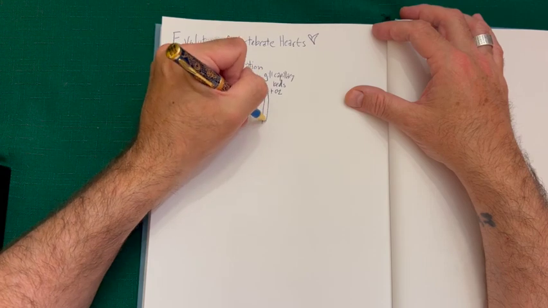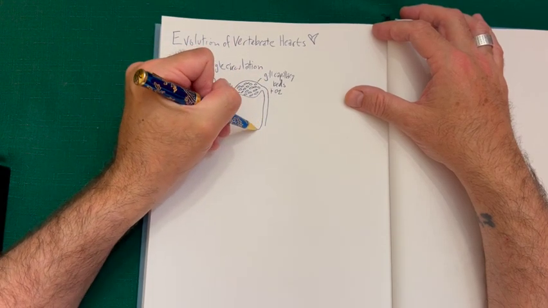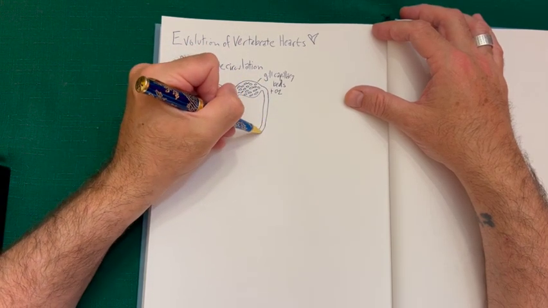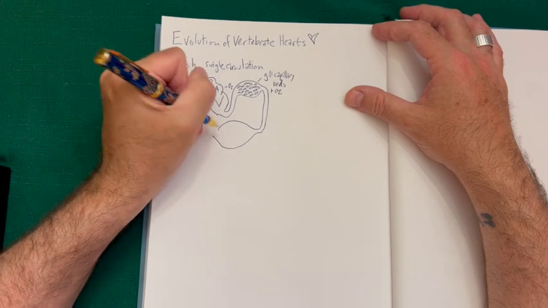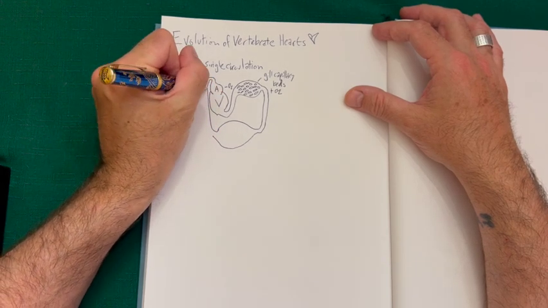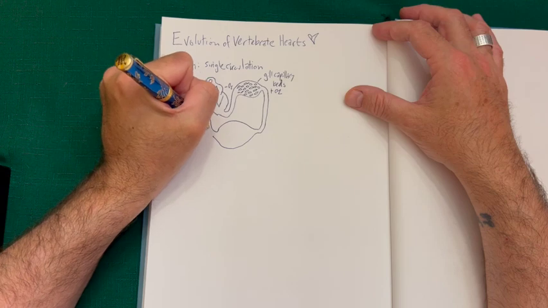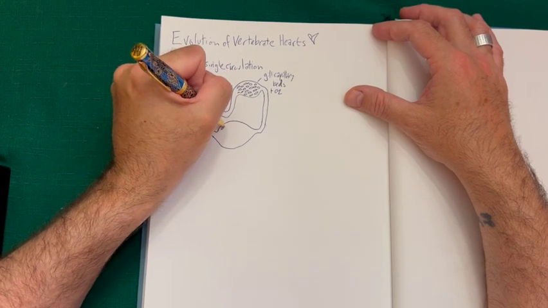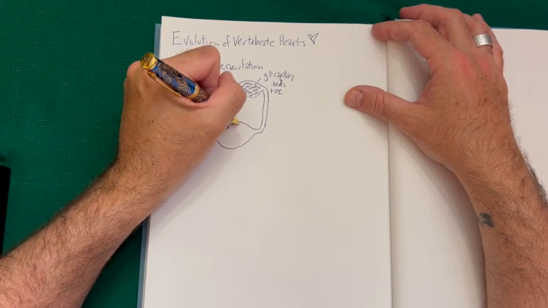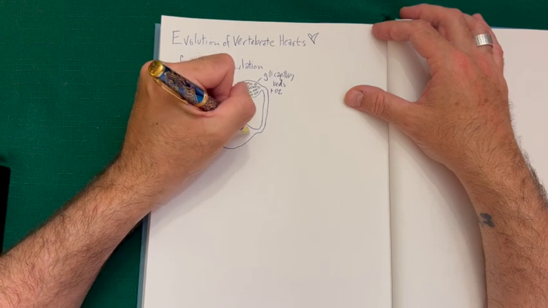And from there, it's going to flow out into all the rest of the body. And we're going to draw a big old Swiss cheese bubble down here, and that's going to represent the capillary beds of the body.